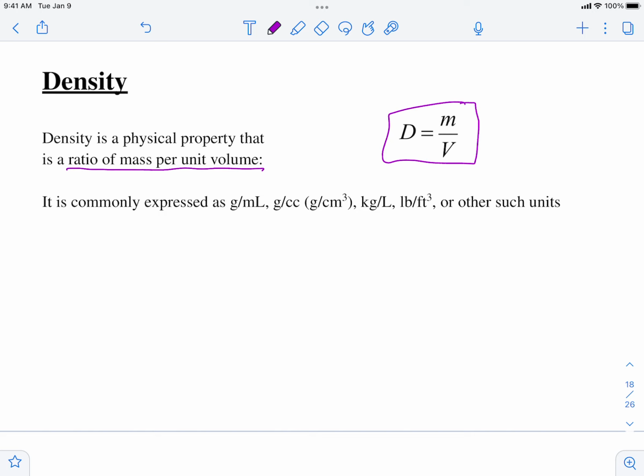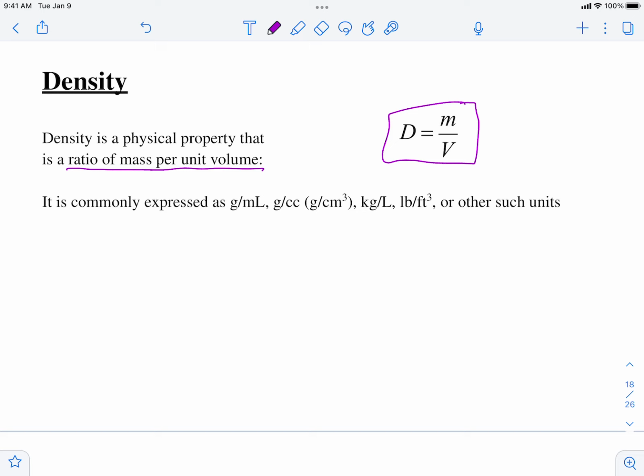Now, something that you'll learn is that anytime we have an equation, however many variables there are, that is how many different equations you will have in total. Right now, this equation is rearranged to solve for density, but there are going to be times where you have the density value and one of the others and you need to find the third. If that's the case, no big deal, right?